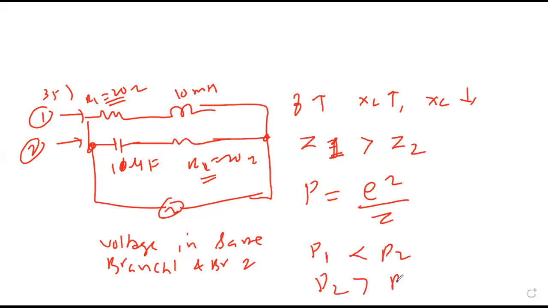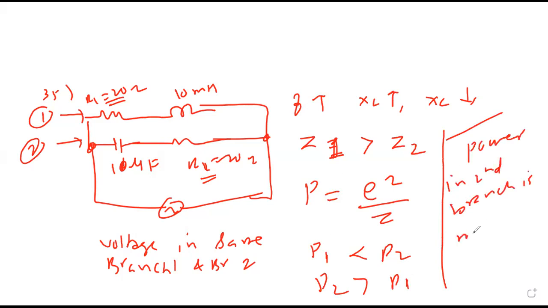So P2 will be greater than P1. So power in the second branch is more, and mostly in R2, because power across the capacitor is always less.